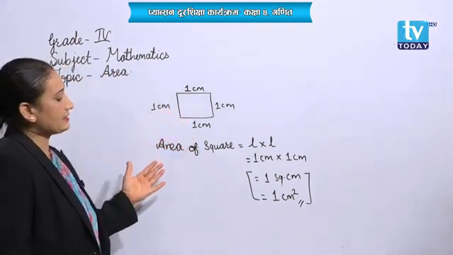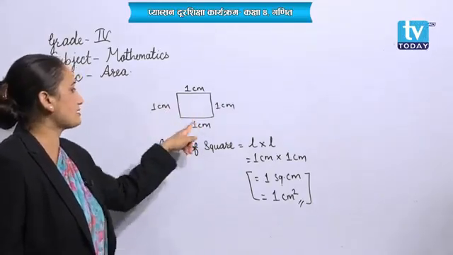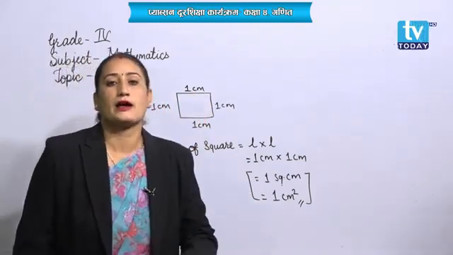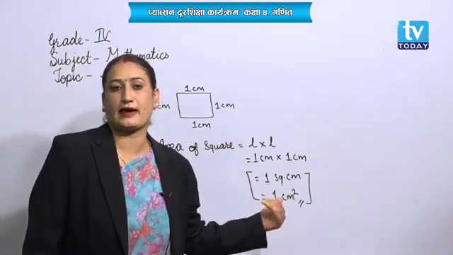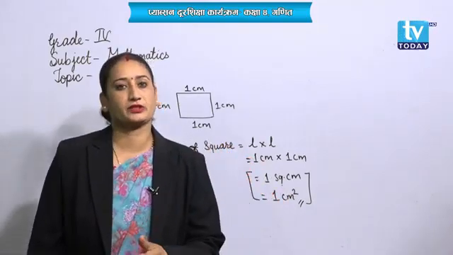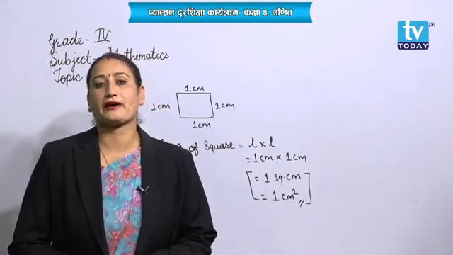It's the region covered by a closed plane surface. Plane means all the sides are straight lines, right? So it's a closed plane figure, and here we say closed plane surface. Done? Good.